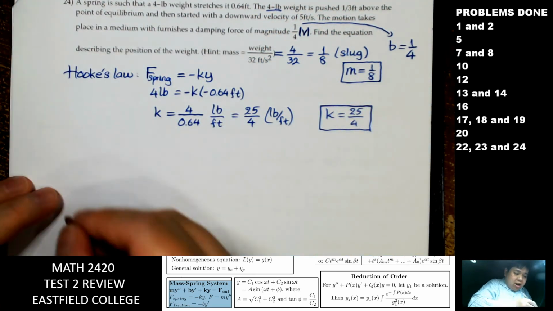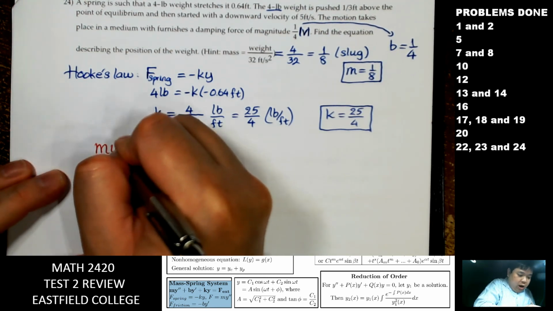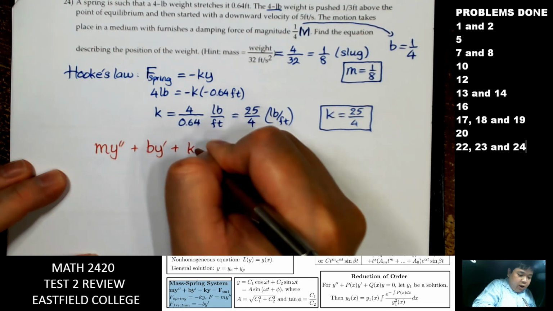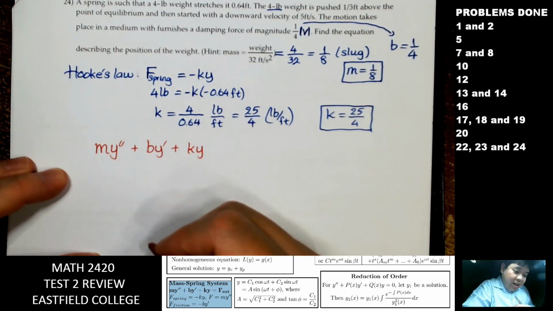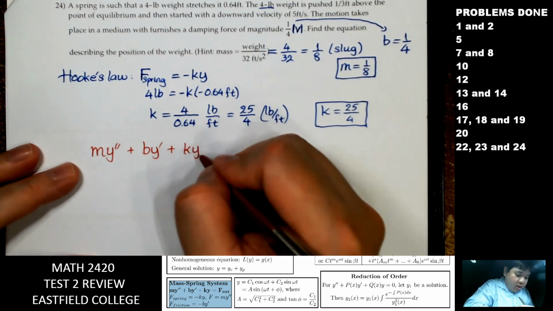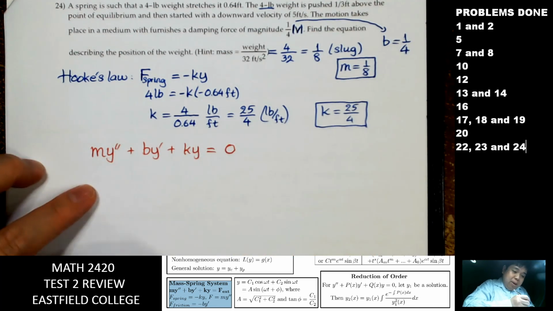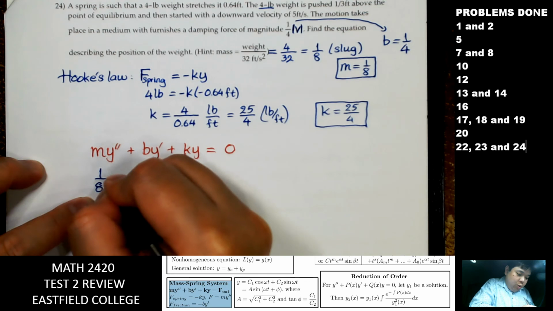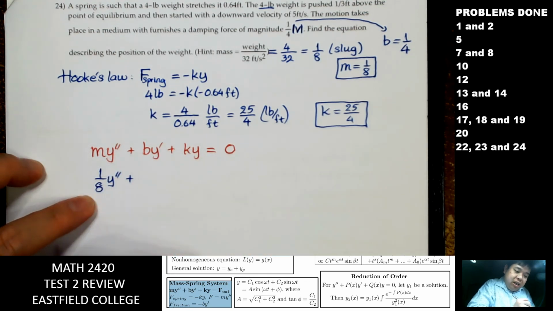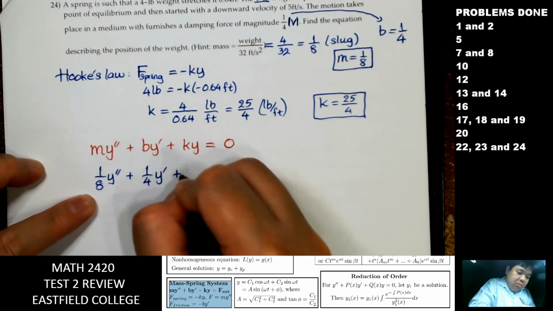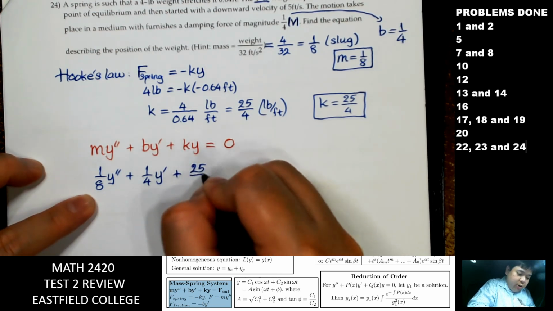Now let's set up the equation. My double prime plus by prime plus ky, and we don't see any external forces, equal to 0. The mass 1 over 8 y double prime plus b, 1/4, y prime plus k, 25 over 4, y.